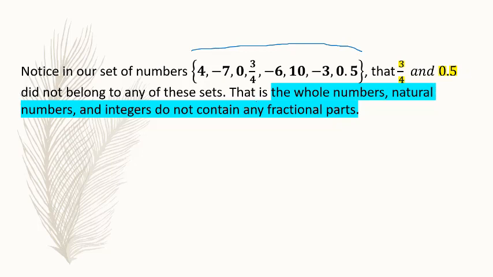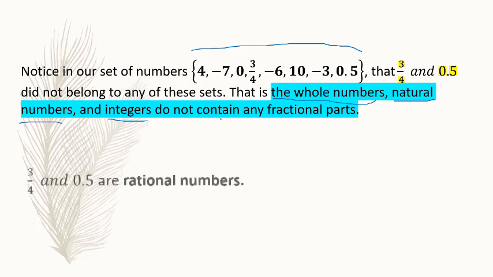Why? You see, you need to keep this. The whole numbers, natural numbers, and integers do not contain any fractional parts. Whenever you have decimal and fraction, they are not whole numbers, neither natural numbers nor integers. Okay? They are not.